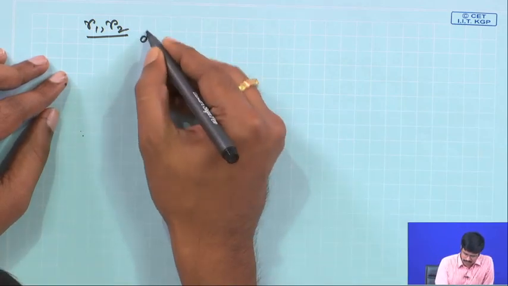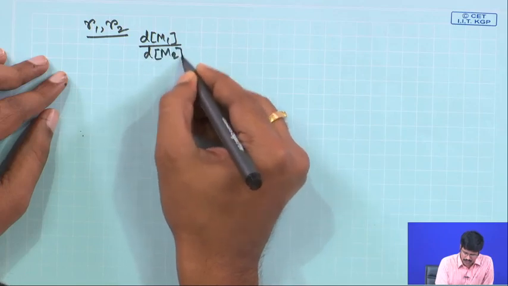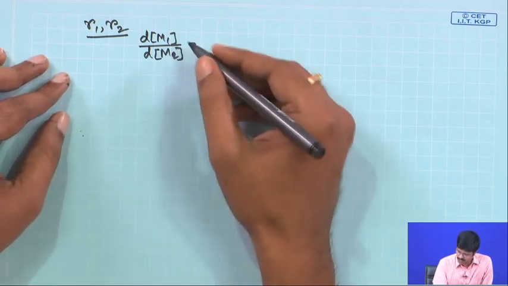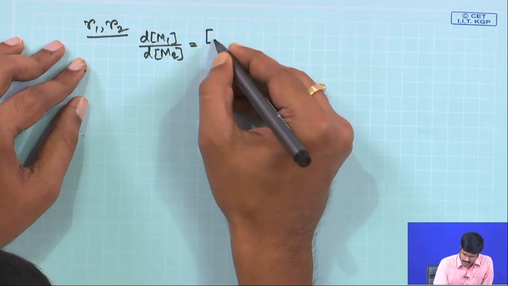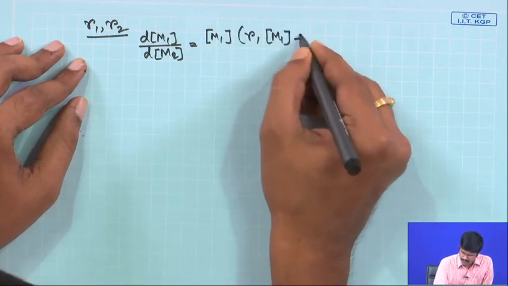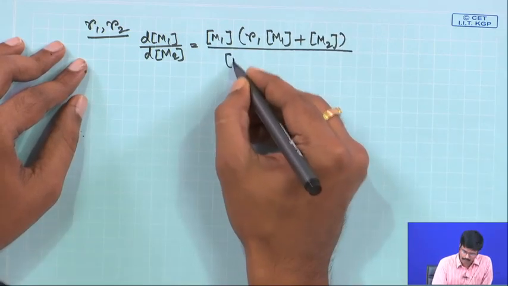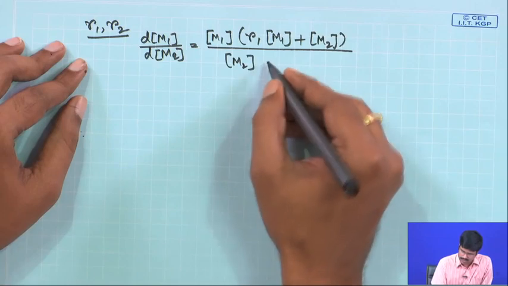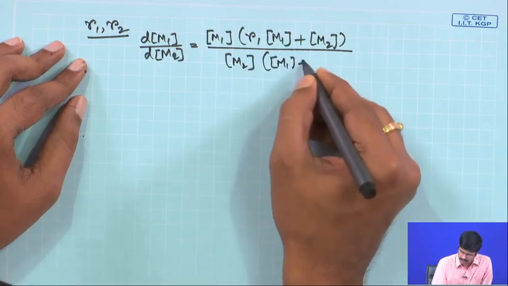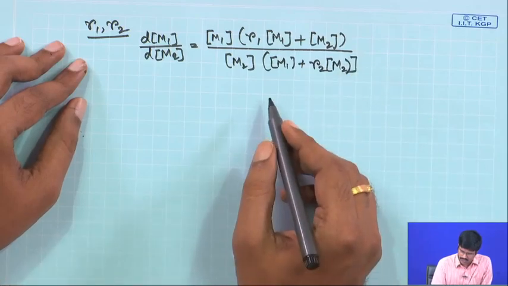We will start with the instantaneous copolymer composition expression, dm1 divided by dm2 equals m1 into r1 m1 plus m2, divided by m2 into m1 plus r2 m2.